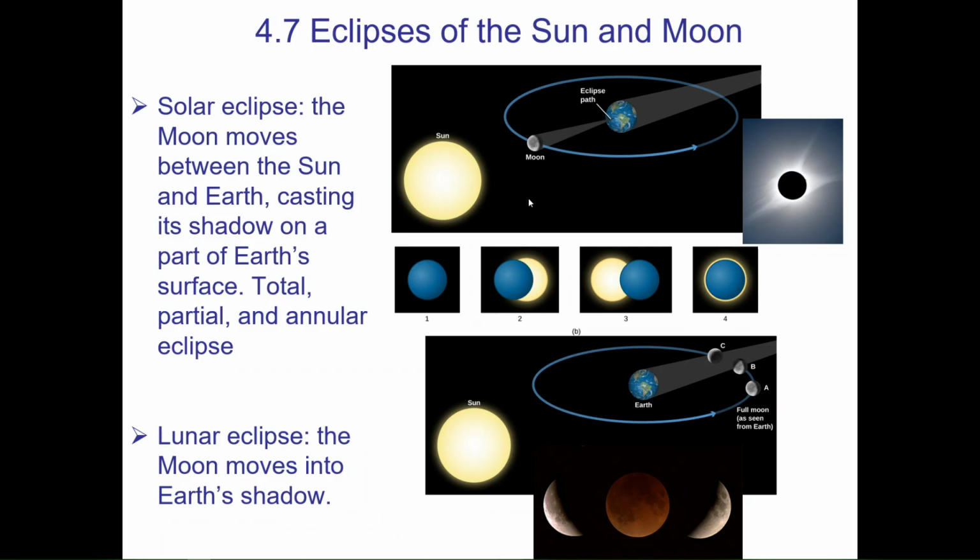It follows some kind of regularity in order for us to see the solar eclipse and the lunar eclipse. Therefore, by looking at the motion of the Earth around the Sun as well as the moon's motion around the Earth, we can do a calculation to predict future solar eclipses and lunar eclipses.